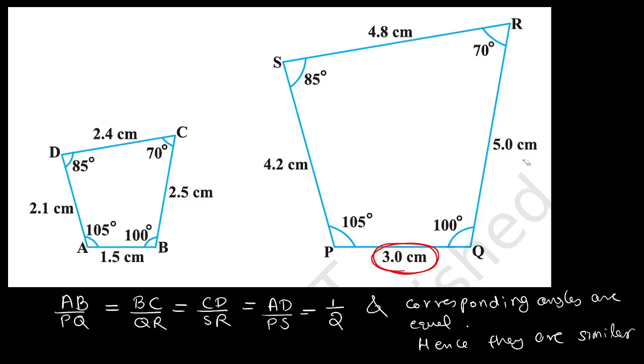Check the similarity of the following quadrilaterals. It is taken from a textbook example, but you write it. Check whether the following figures are similar or not. Please write down the solution also.